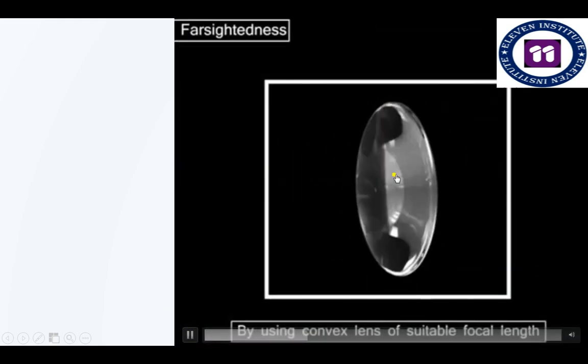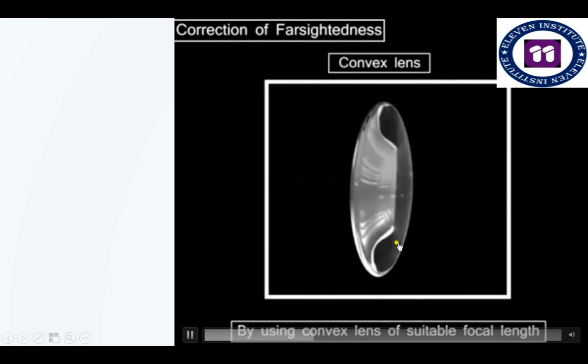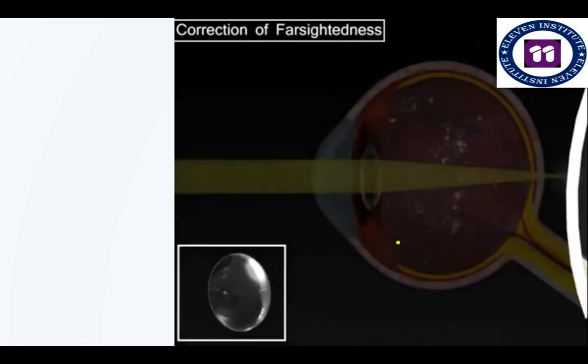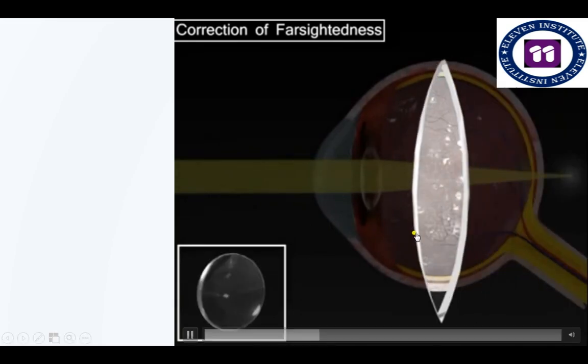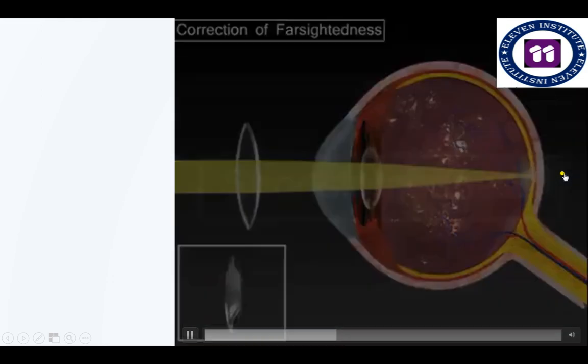Yes, so we use a convex lens to solve the defect of far-sightedness. A convex lens of suitable focal length will be placed over here, the rays will be converged, and now we get an image over here instead of getting an image behind the retina. This is the solution for far-sightedness.